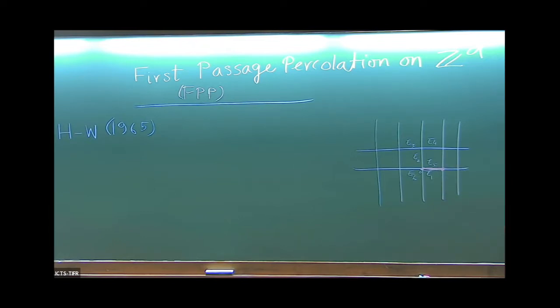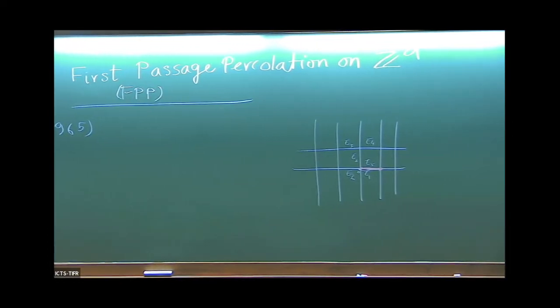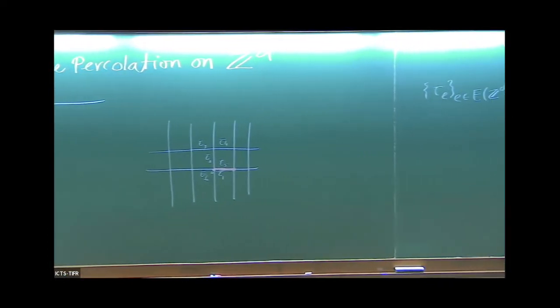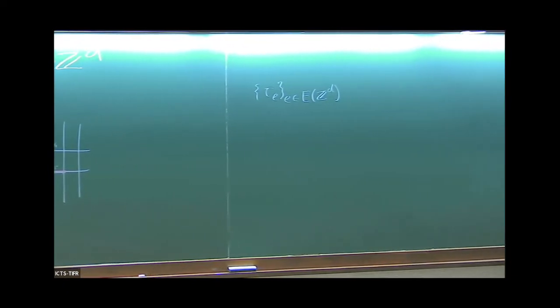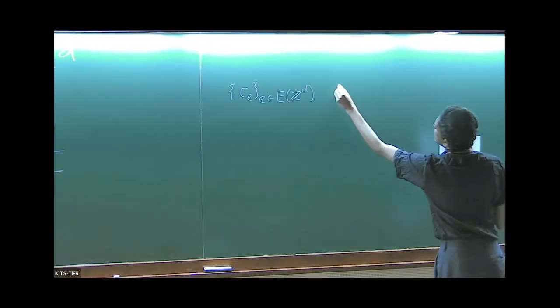Okay, so how to make this formal? We have the tau_e. E^d will denote the nearest neighbor edges in the lattice Z^d. The tau_e will be a sequence of IID random variables.